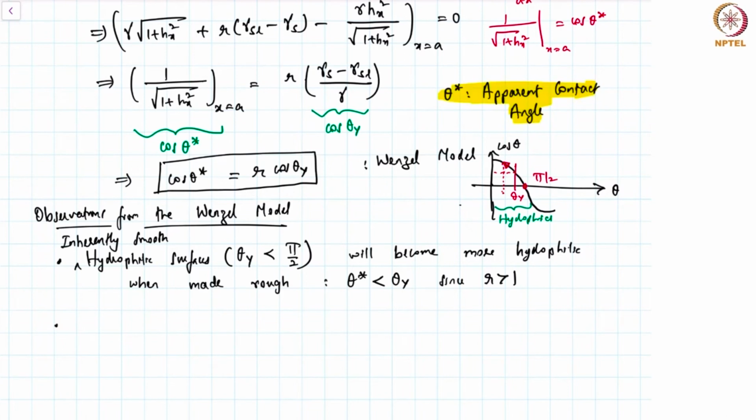I'm not going to go into philosophical issues. I'm using the words carefully here. Philosophical issues, whether this is really the angle that we see on the rough surface, exactly, very microscopically when we zoom in. This is the angle that we normally see in an experiment. Okay. So for the same reason we can also extend it to the other case.